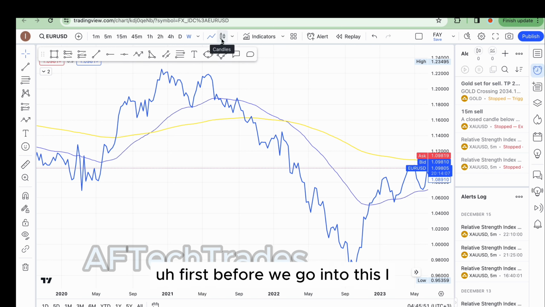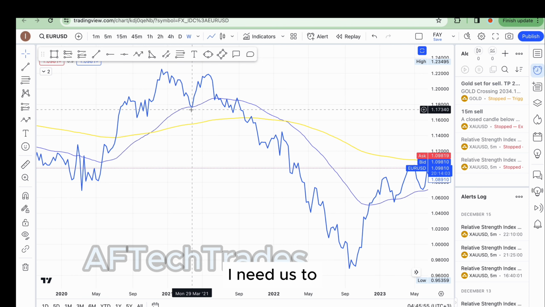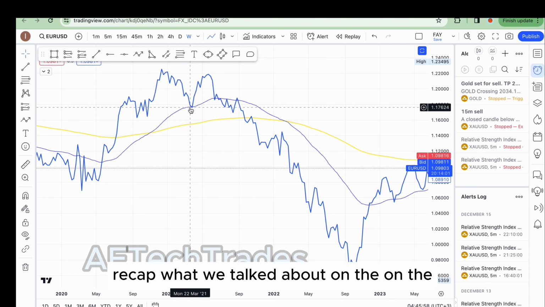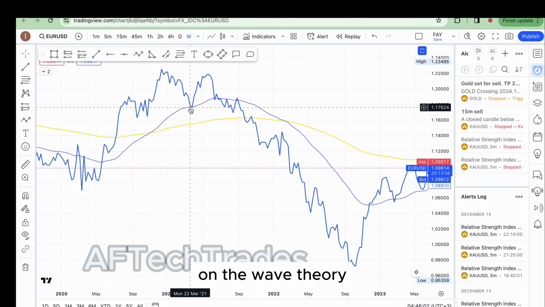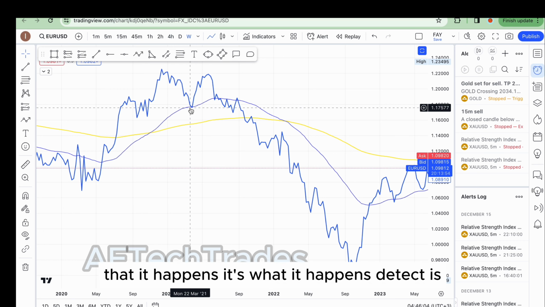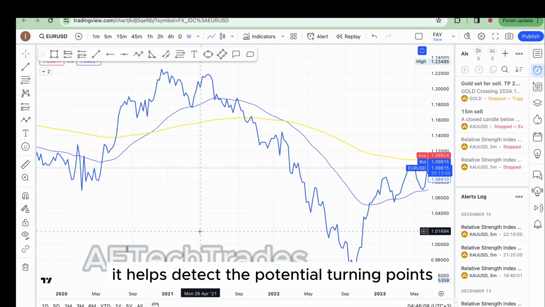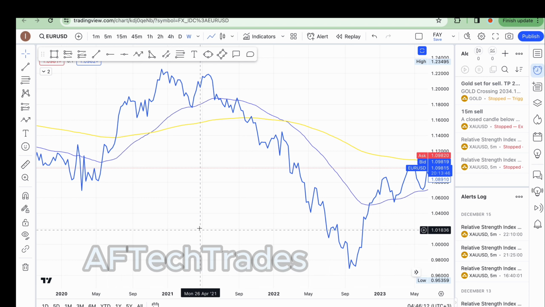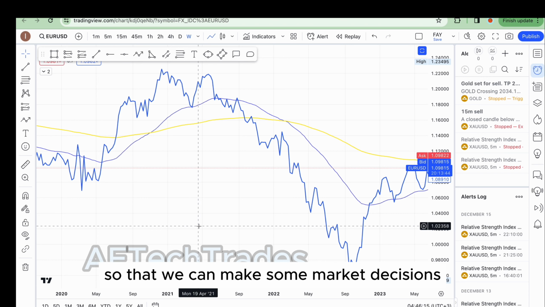So first, before we go into this, I need us to recap what we talked about on the wave theory. What it helps us do is detect the potential turning points of these markets, so that we can make some market decisions.